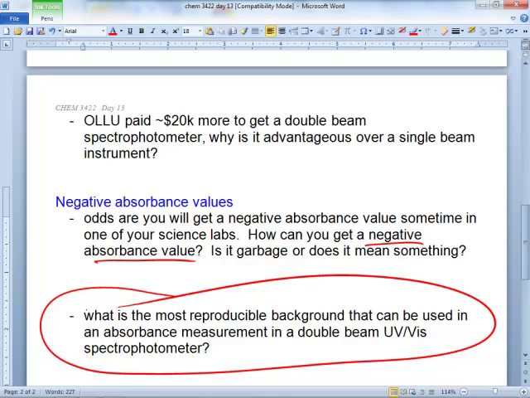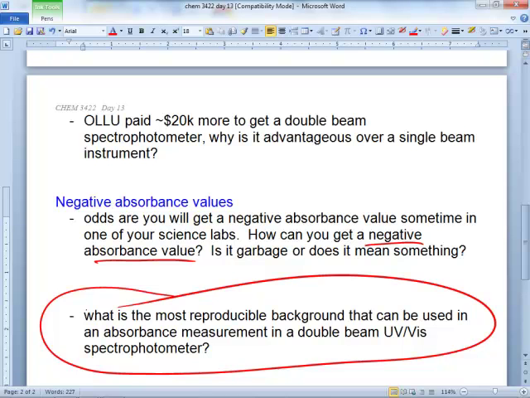Water absorbs UV really well, so maybe this little dye and water absorb in the UV region. Well, if you have air as your background, all you're going to see is the absorbance spectrum of water. You're not going to see your little dye or your little enzyme, whatever you're looking for.